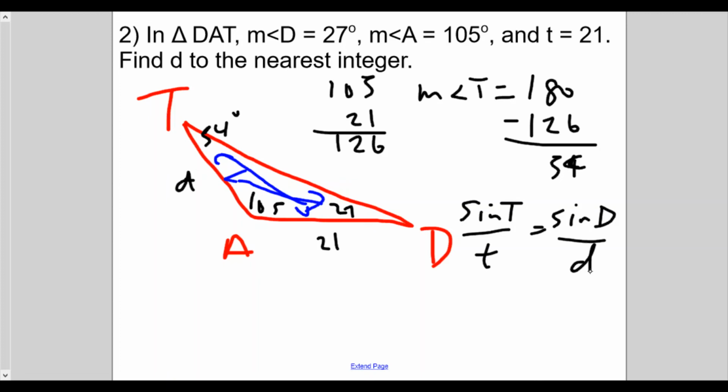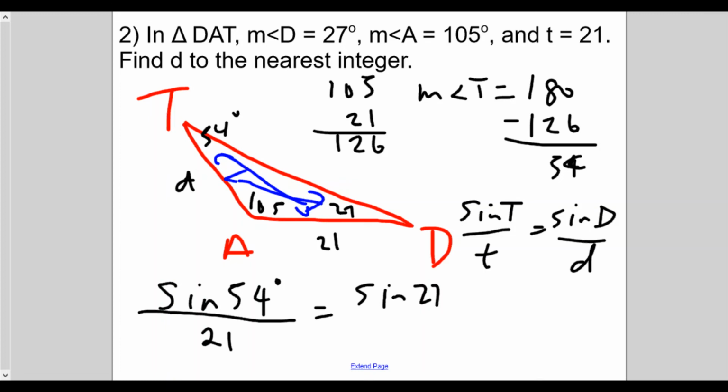Angle T is 54 degrees, so the sine of 54 degrees over the side t, which is 21, is equal to the sine of angle D, which is 27, over the unknown value d. Now we cross multiply.